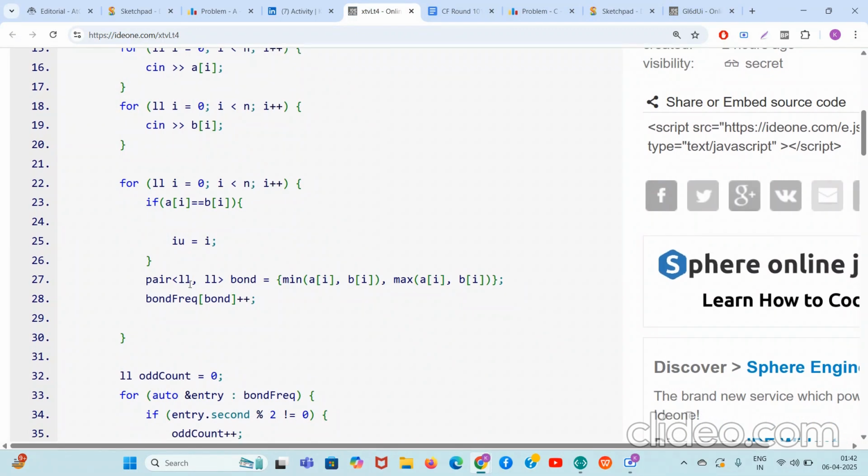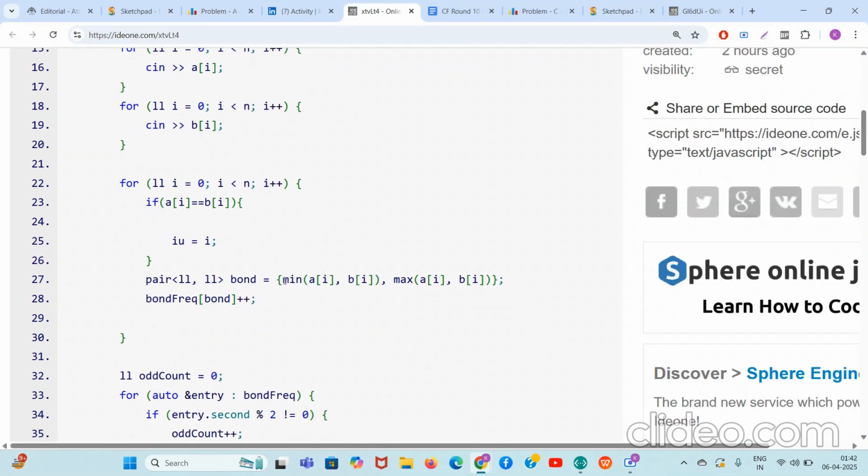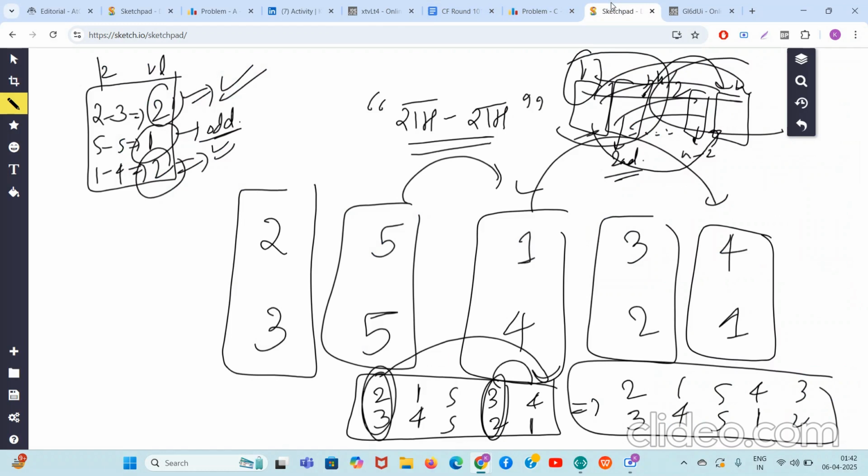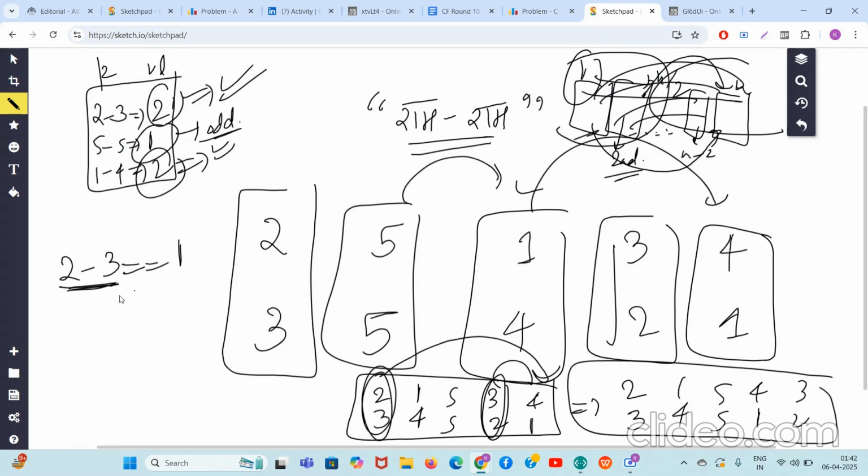Anyways, what is the pair? Why am I writing minimum of AiBi and maximum of AiBi here? To make sure I can keep track, because making two pairs x comma y and y comma x is wastage of space. When 2 comma 3 bond is coming, your map will say that 2 comma 3 is coming one time, and when 3 comma 2 comes, your map will say that 3 comma 2 is coming one time.